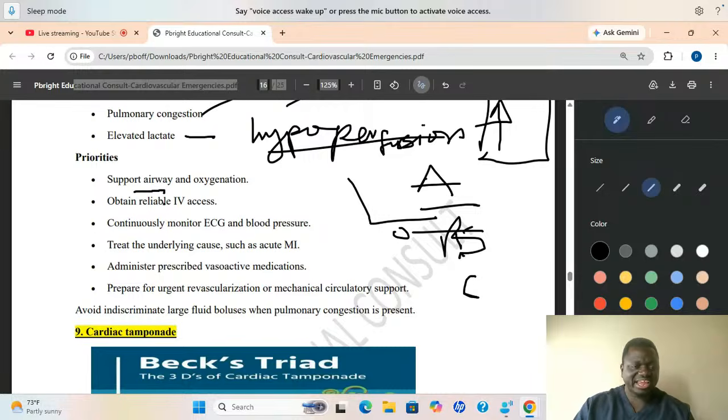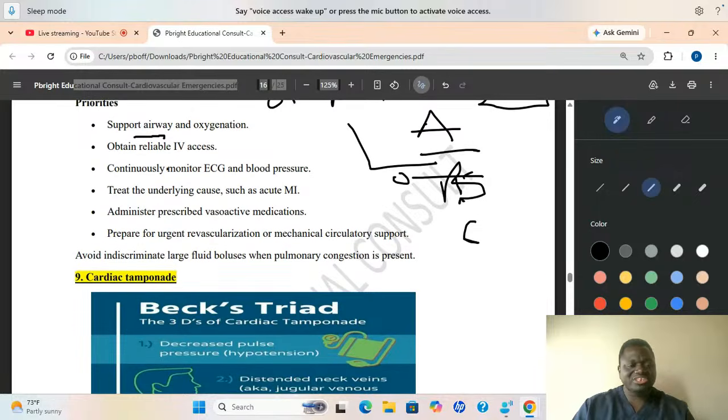Circulation, IV line, reliable. Don't go and do any IV line that you come and give fluid and the hand will become big. Okay, continuous EKG monitoring and blood pressure check. Treat underlying cause such as MI.